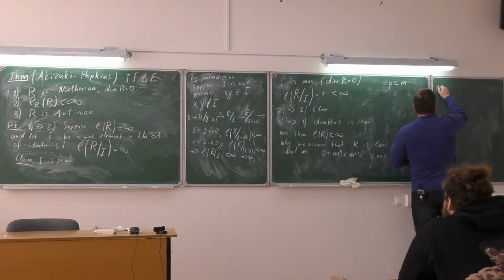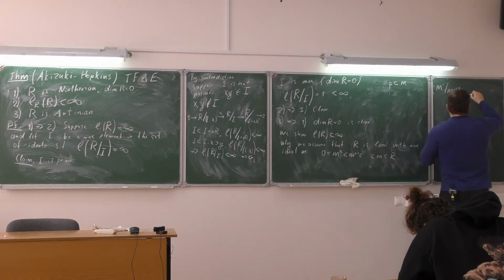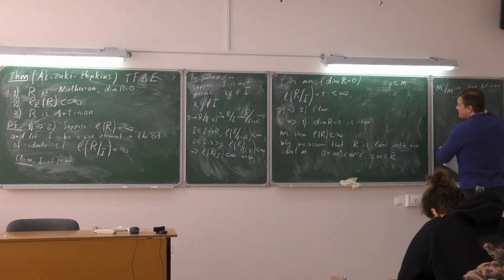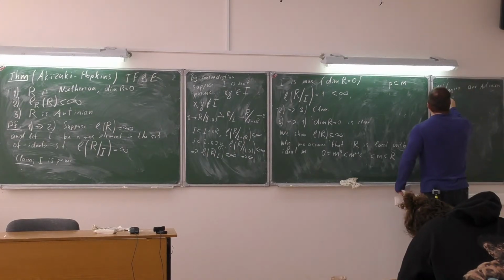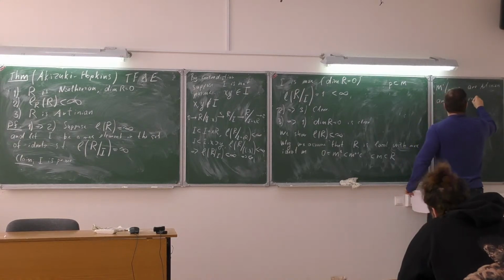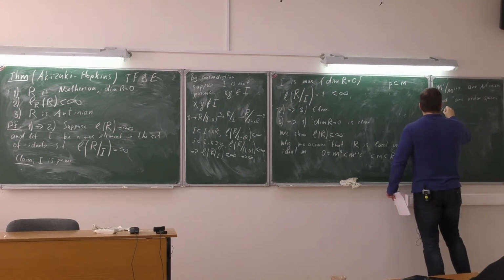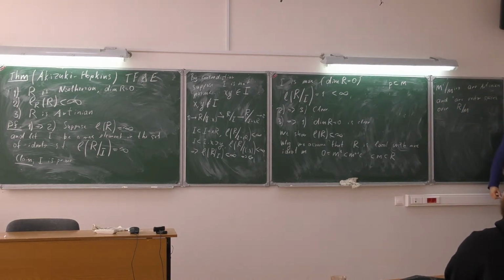Now let's look at the quotients. The quotients M^i modulo M^(i+1) are Artinian. Again, this is a submodule of an Artinian module, quotient by another submodule, which is again Artinian. And they are vector spaces over R modulo M. You can see this directly: you can take an element and see that there is a multiplication by this element on the quotient.